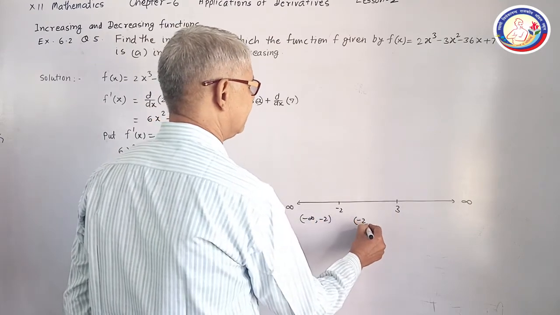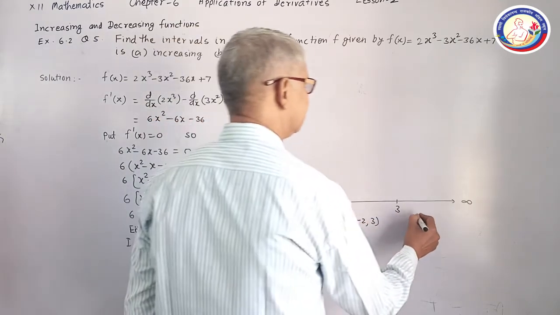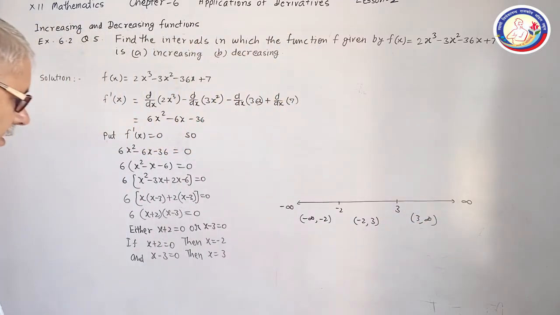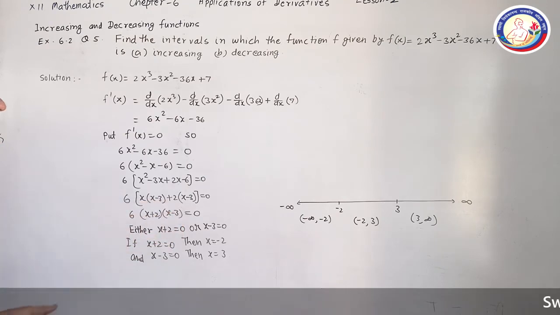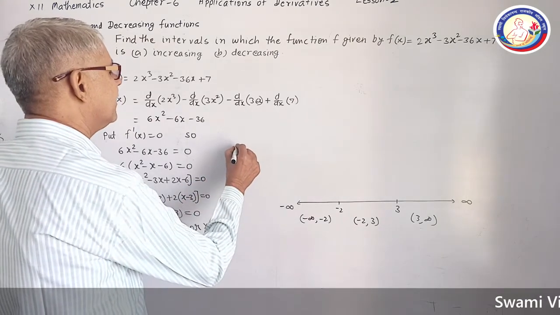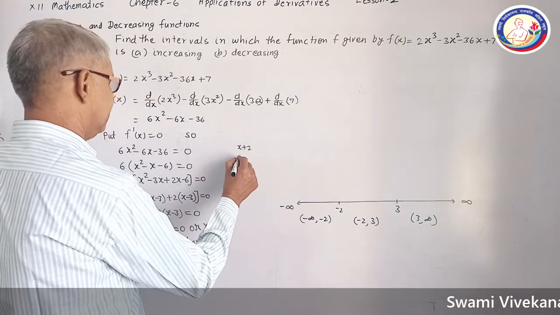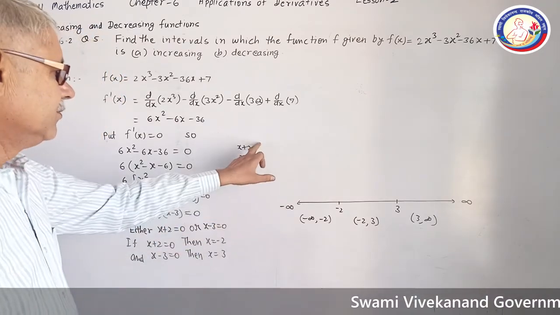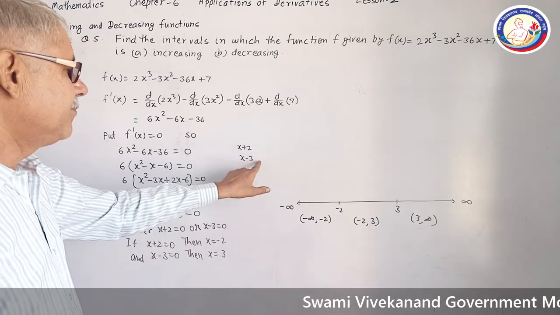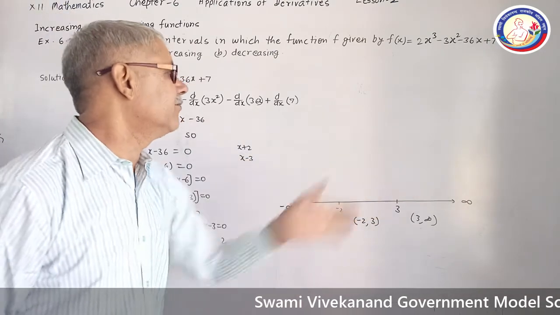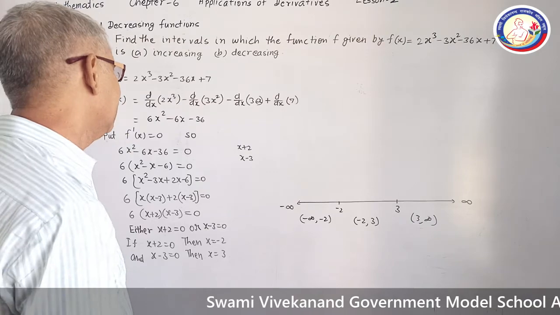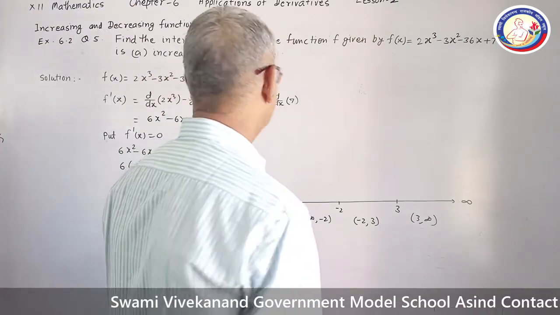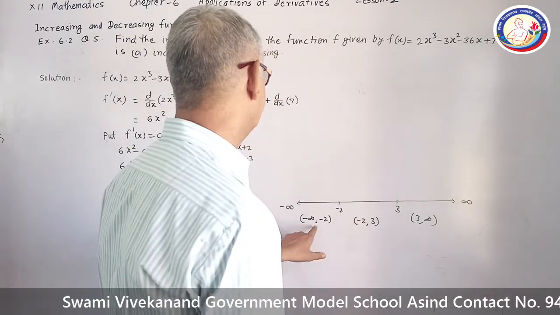This is minus 2 to 3 and this is 3 to infinite. There are 2 factors. First is x plus 2 and second is x minus 3. What about the value, whether it is positive or negative in these 3 intervals? So we have divided the domain in 3 parts.